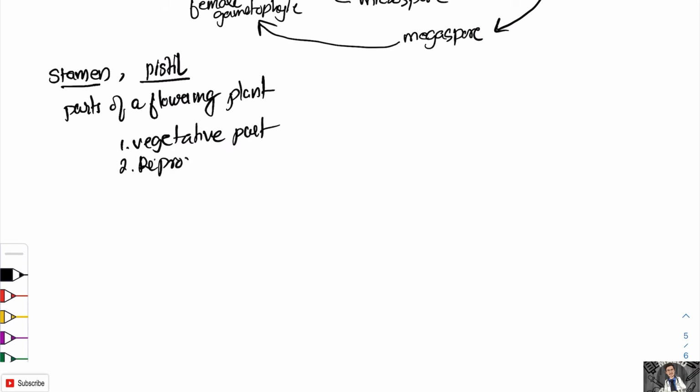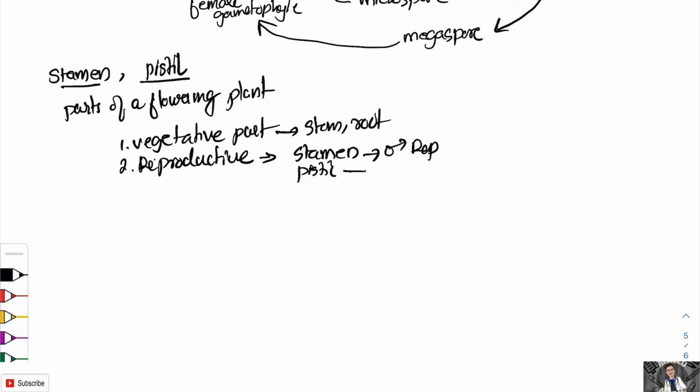The vegetative parts are like stem and root. But what are the reproductive parts? They are the stamen and pistil. Now, the stamen is the male reproductive part and the pistil or carpel is known as the female reproductive part.